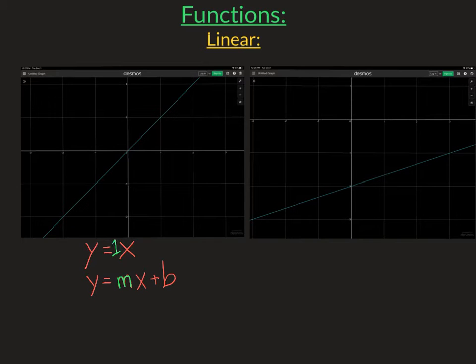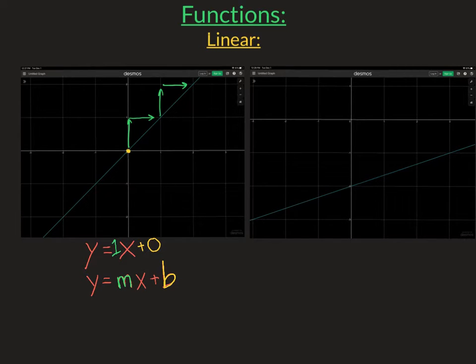It's got a slope of 1. It's just going up 1 over 1, up 1 over 1. It's the most simple basic slope. It's just a 45-degree angle. And then we've got our b, which is our y-intercept, and we can see it's crossing the y-axis and the x-axis both. It's crossing right at 0 because we could just think of it as plus 0 at the end if we needed to have an intercept showing.